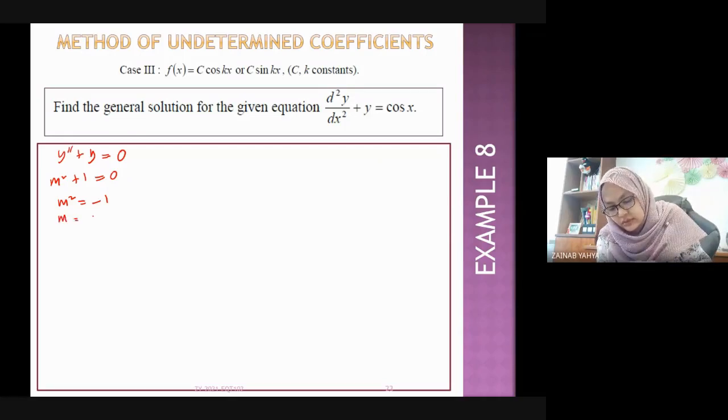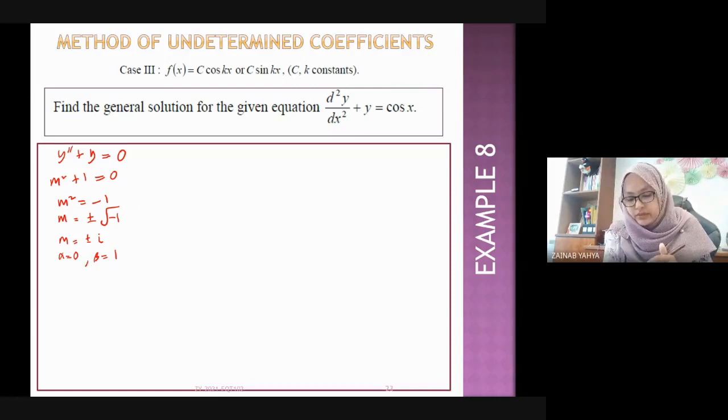So m equals plus minus square root of negative 1, so m equals i. Here alpha equals 0, beta equals 1, because there's no value on the real part, so it's equal to 0.